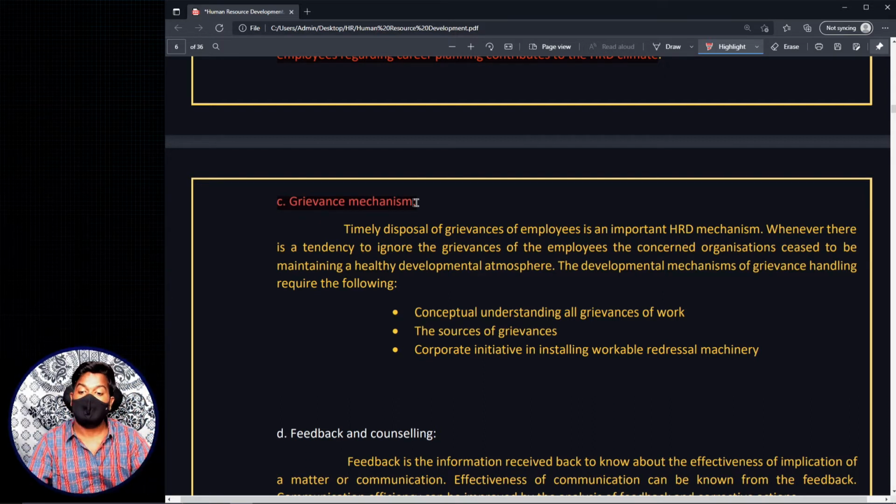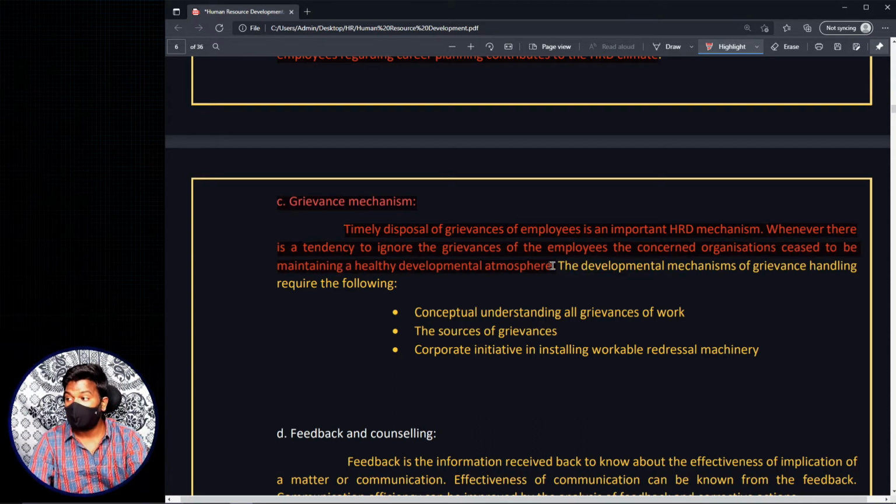Timely disposal of grievances of employees is an important HRD mechanism. Whenever there is a tendency to ignore the grievances of employees, the organization ceases to maintain a healthy developmental atmosphere. So in order to maintain a healthy developmental atmosphere, you should see that grievances are handled immediately.